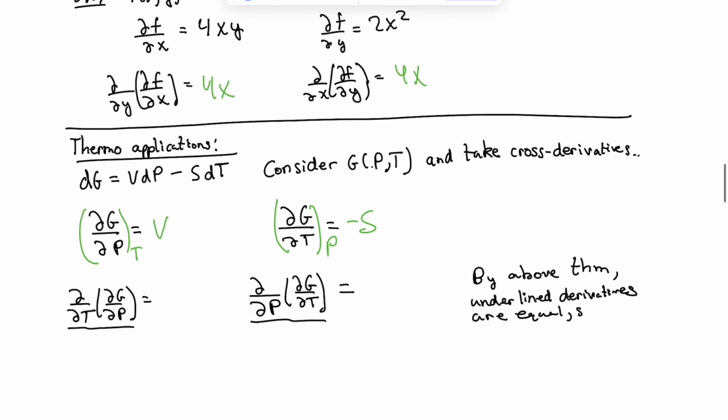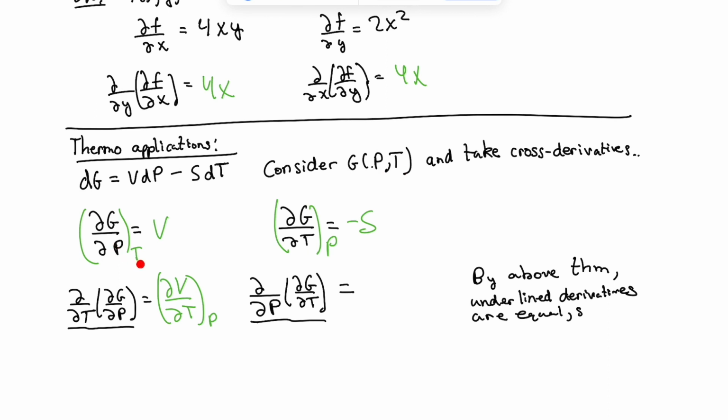Okay, now one more step. If I take dG over dP and take d over dT of that, now this is dV over dT. What do I need to keep constant? The other variable. So I need to keep pressure constant. So dV over dT at constant pressure, because I'm considering free energy a function of pressure and temperature.